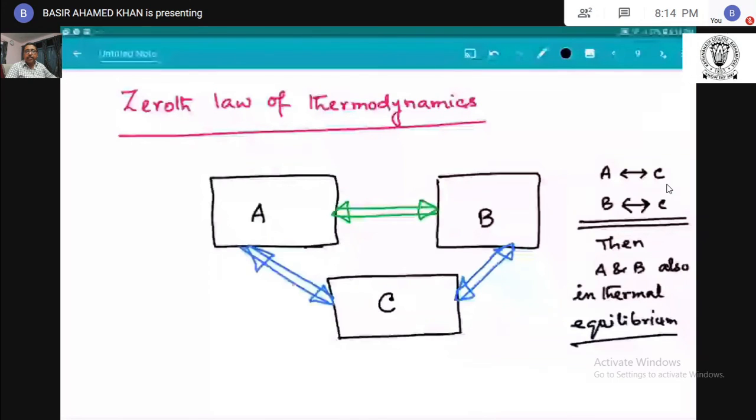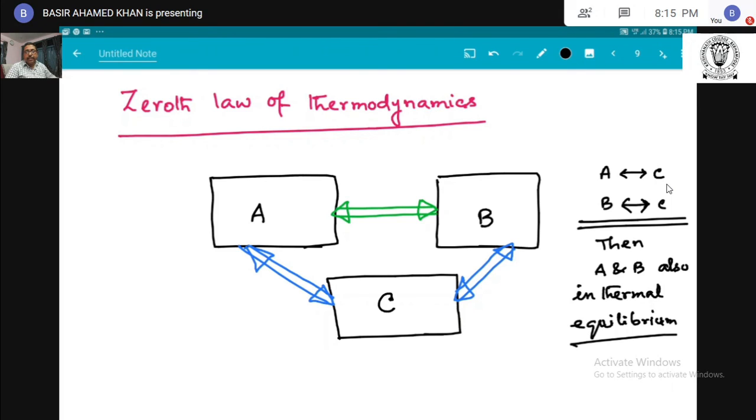This is the zeroth law of thermodynamics, and this law gives a very important concept, which is temperature.